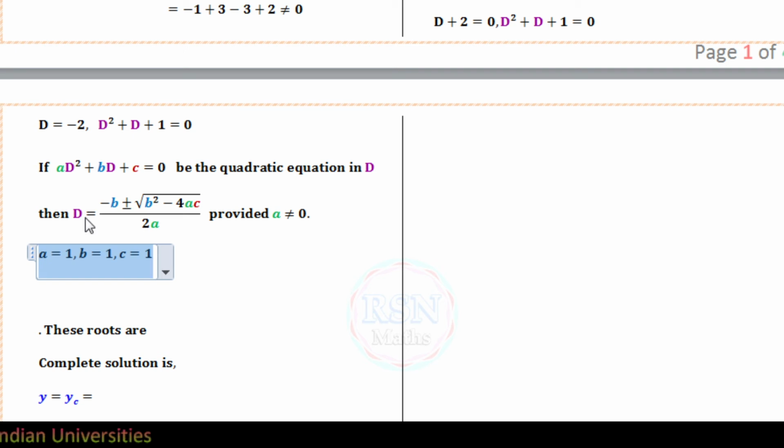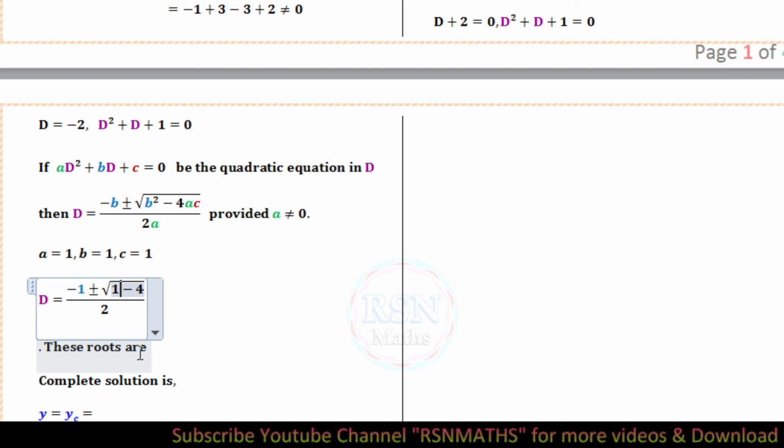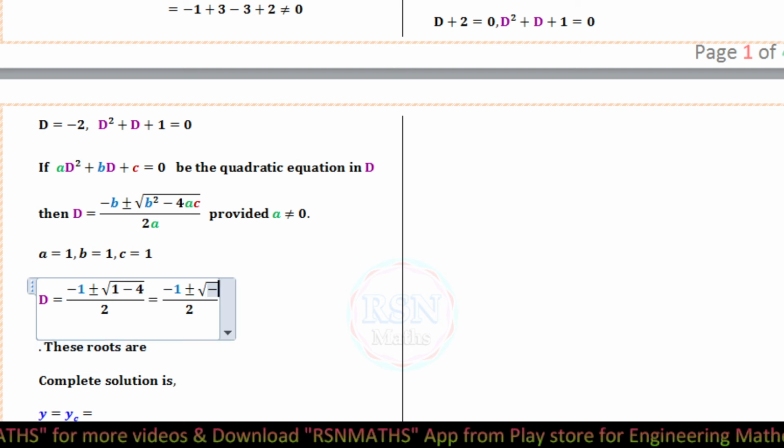Okay, so find the value of d. Here b is 1, so -1 plus or minus root of 1 square. Now 4 into 1 into 1, can we write directly 4? And 2 into 1 is 2, so here 1 square is again 1. So after simplification we get 1 minus 4, which is -3.